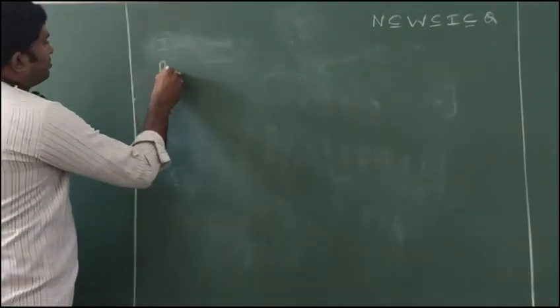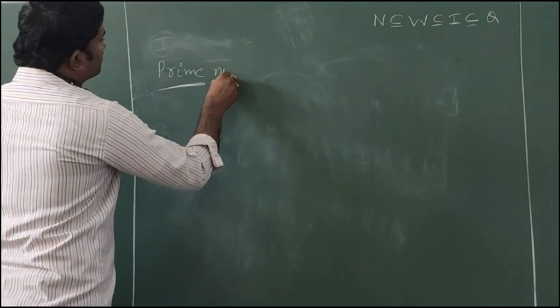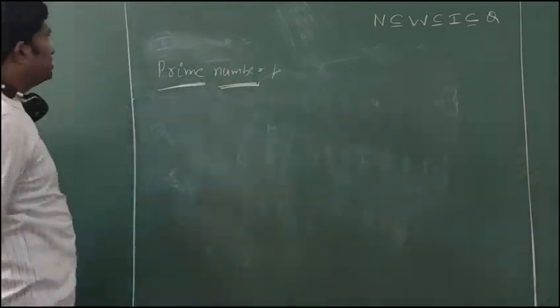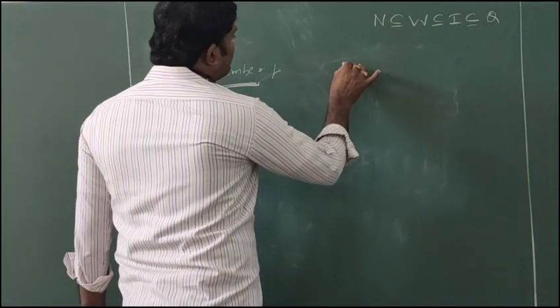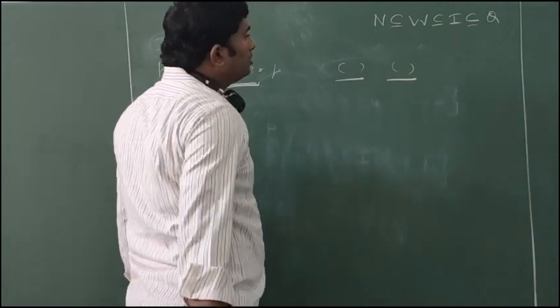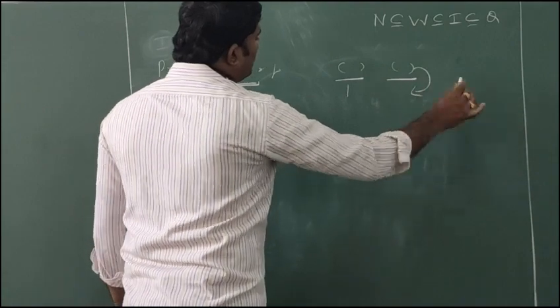First one, prime number. What is the definition of a prime number? A number which has only two factors, 1 and itself.